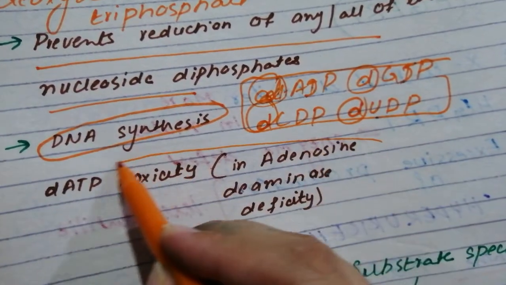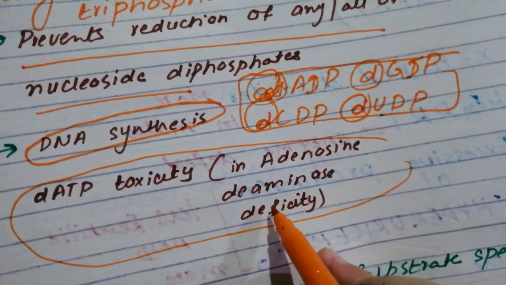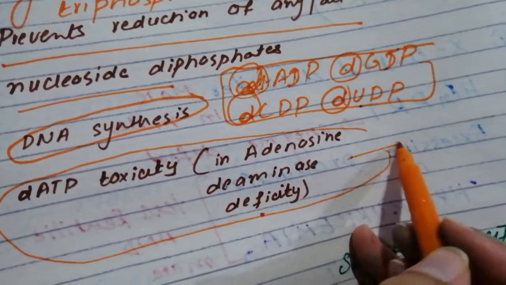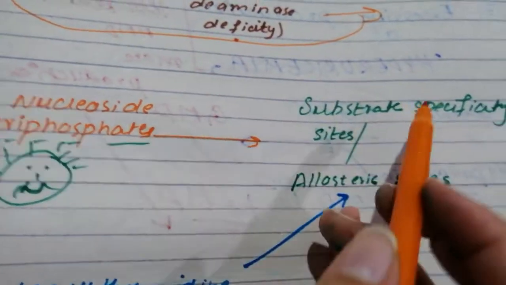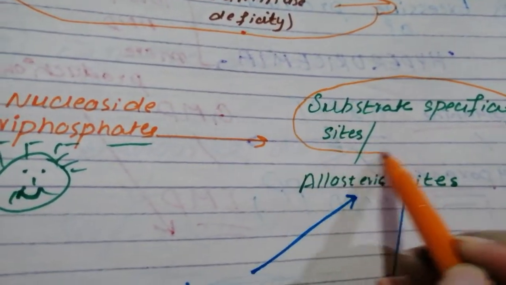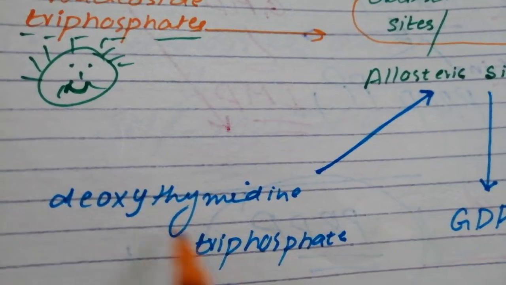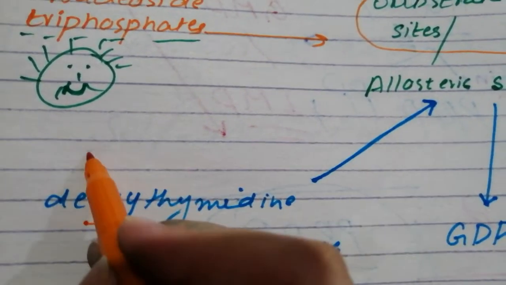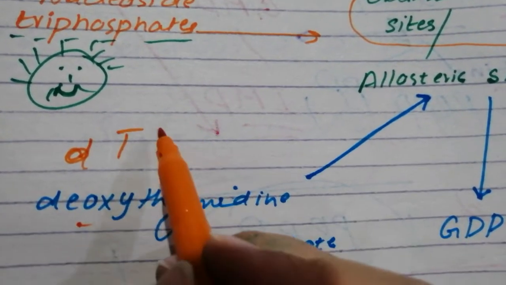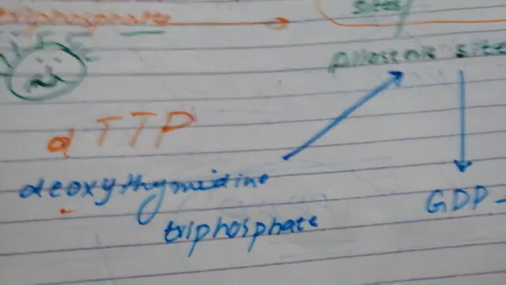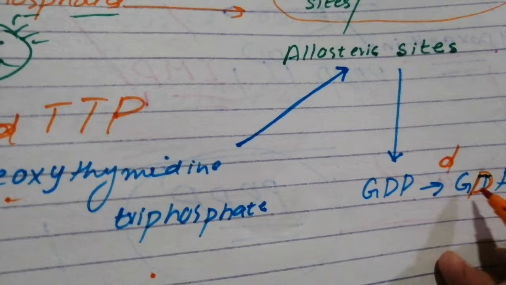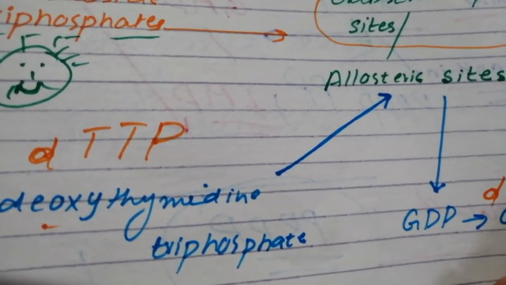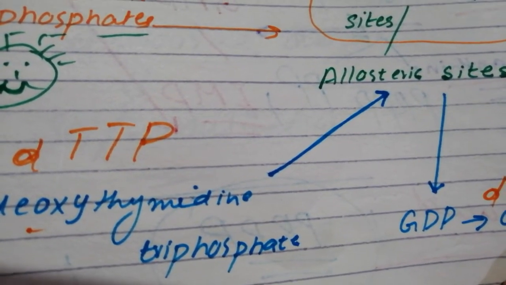There is dATP toxicity in the disorder adenosine deaminase deficiency, which is a disorder of purine degradation. Then there is the substrate specificity site. For example, if there is a lot of deoxythymidine triphosphate, dTTP, there will be a lot of formation of this particular situation over here.